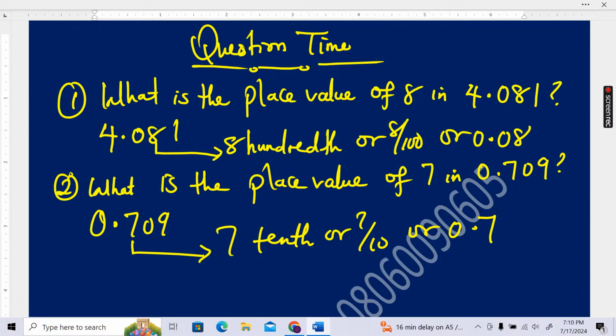Amazing. If your answers to number 1 and number 2 are correct, give yourself 3 stars for each.